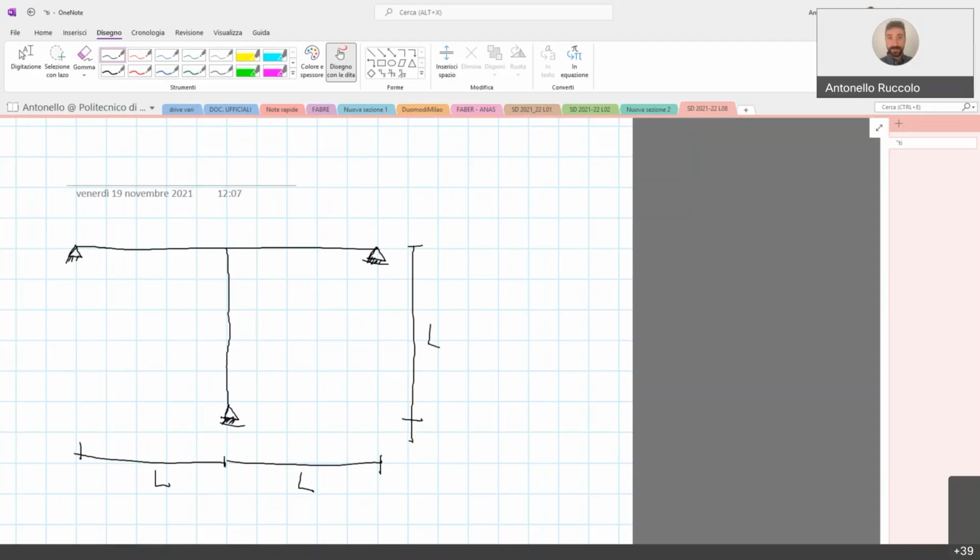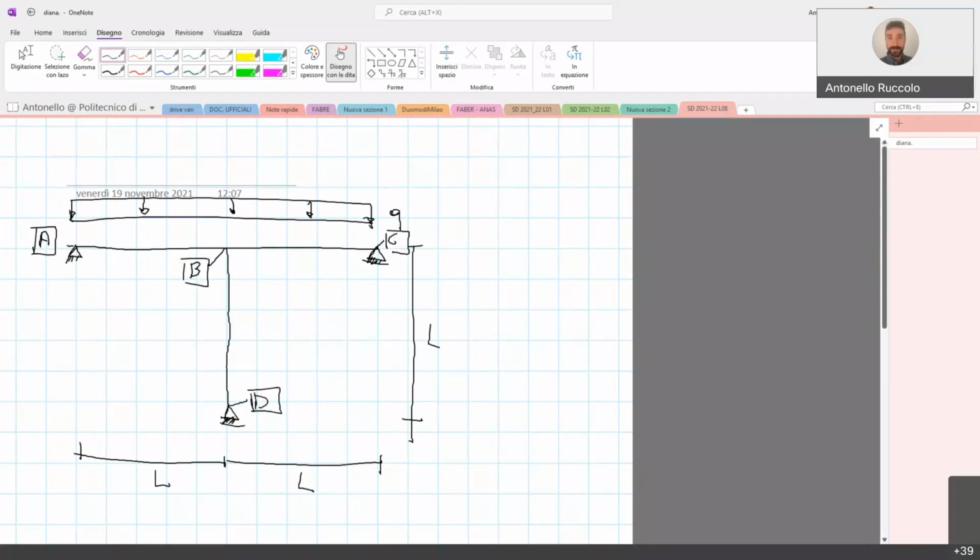Okay, we have a uniform load acting on both the beams. We have node A, node B, node C, and node D.